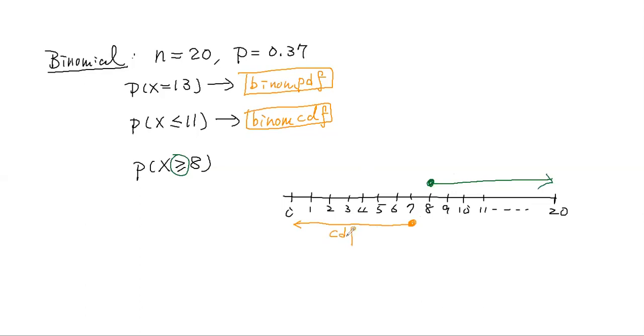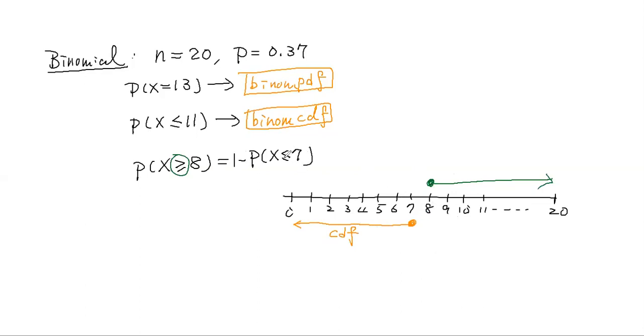This is my CDF, less than or equal to 7. So I can write this as 1 minus probability x less than or equal to 7. You cannot minus 8.